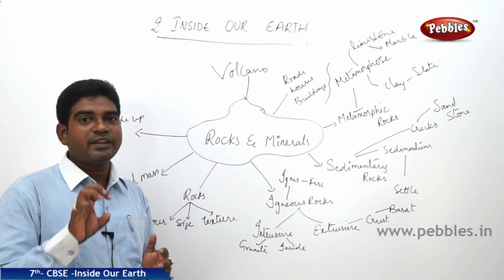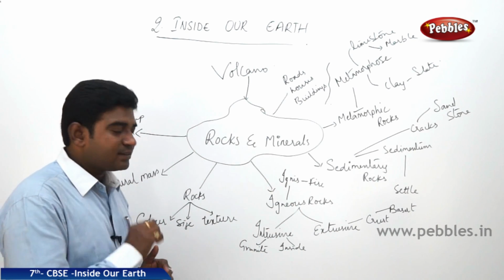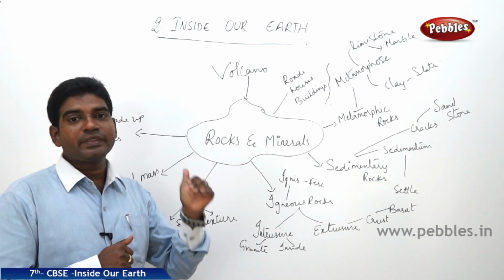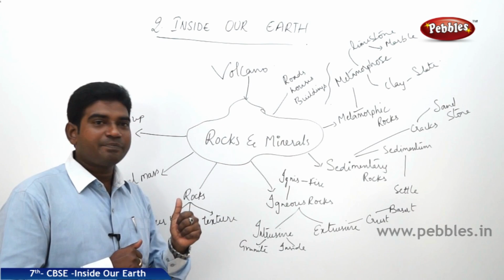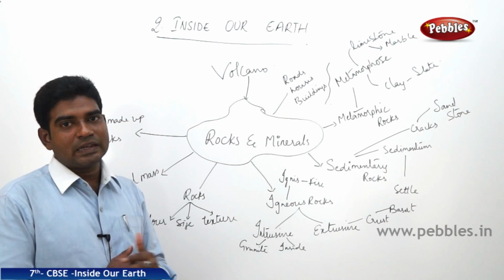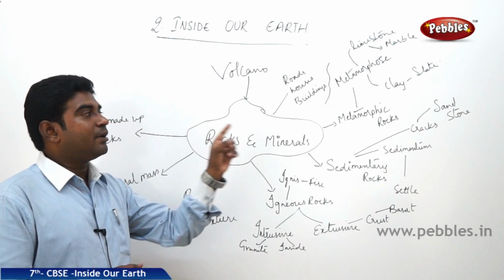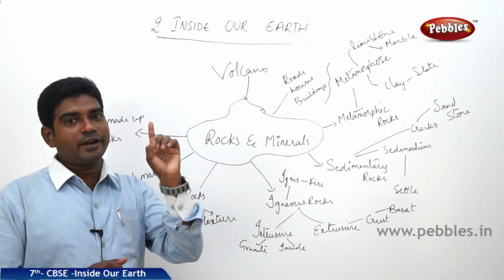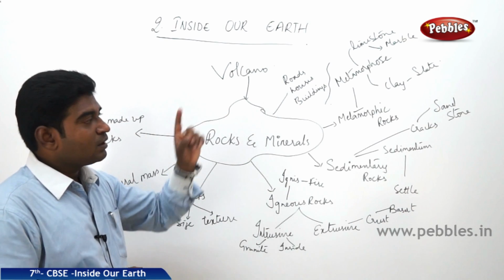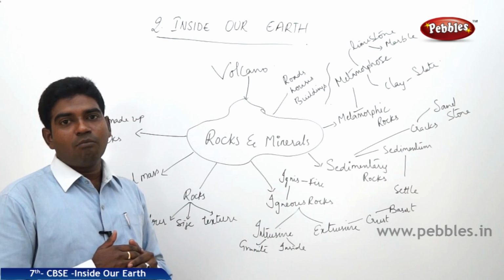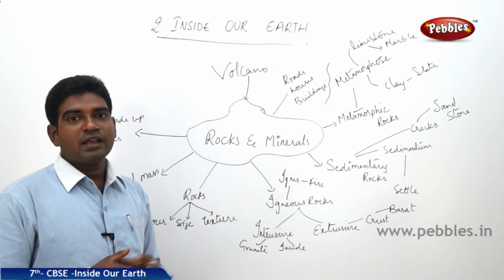The name igneous we derived from the Latin word ignis, meaning fire. Sedimentary we took from the Latin word sedimentum, which means settle down. And metamorphic we took from the Greek word metamorphosis, which gives a meaning like getting transformed or changed or modified from one form to the other form.